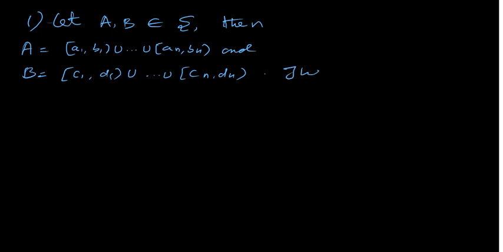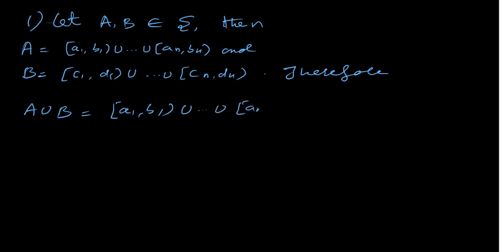So therefore their union, A union B, which is again the finite union of the sets of this type, C1 D1 union ... CM DM.